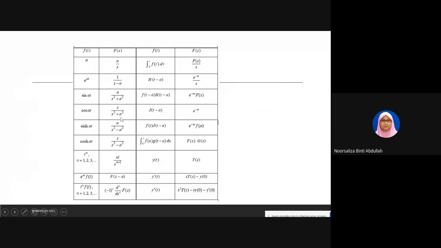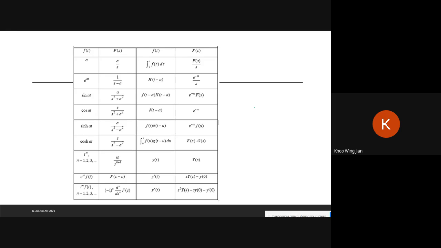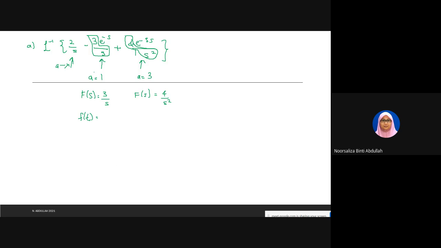Okay, so refer to this table. So 3 over s. What is the f(t) of 3 over s? Apa inverse kepada 3 per s? 3. So 3. And this one, its f(t)?